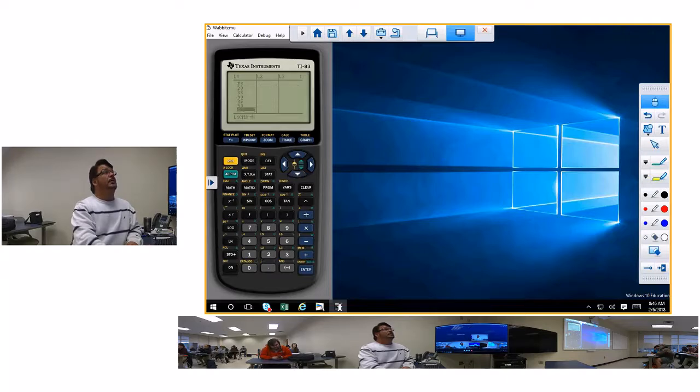Yeah, 10. Okay. Now I go to Stat, and if you want to put it in order, hold on. You go to Stat and go to Sort A for ascending and hit Enter and hit second, 1, close parenthesis, Enter, and it's done.